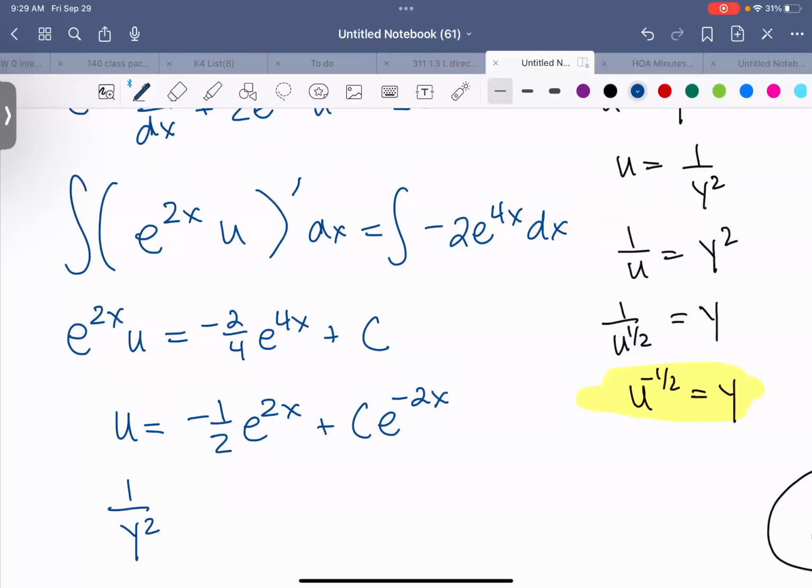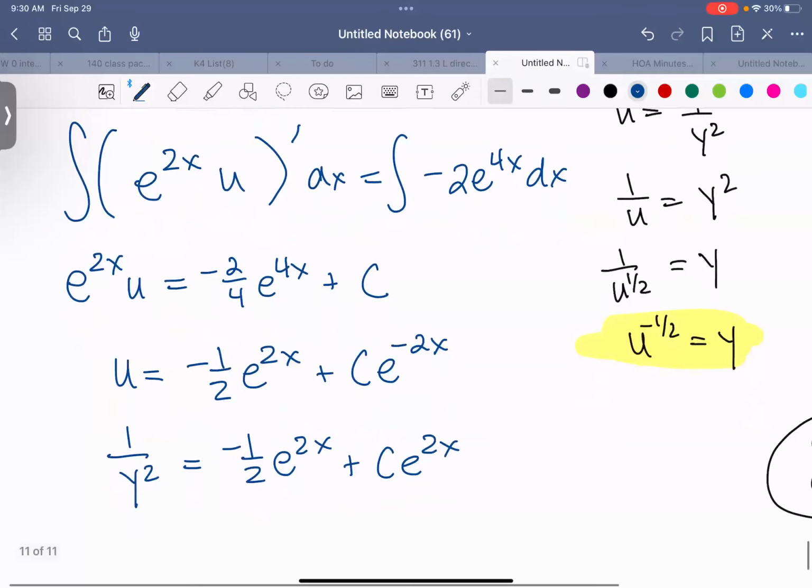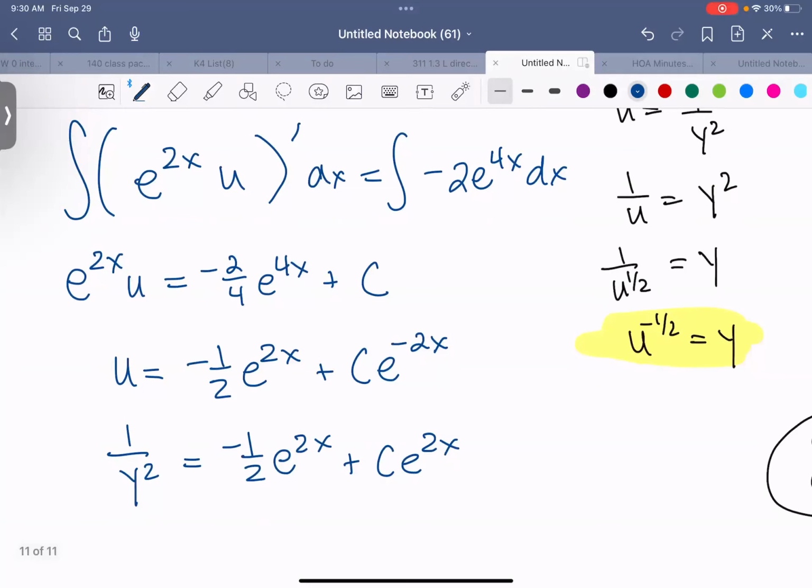Our u is 1 over y squared. I'm okay with leaving it like that because I'm not going to end up solving for y anyway. If you want to take the reciprocal, you can. I lost a negative. There you go. But I would leave it like that.